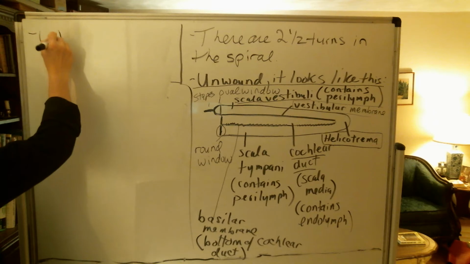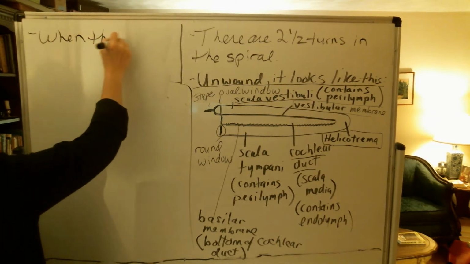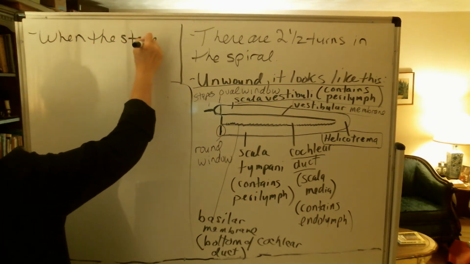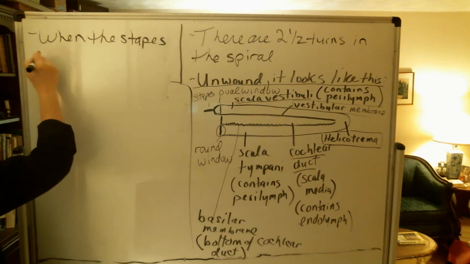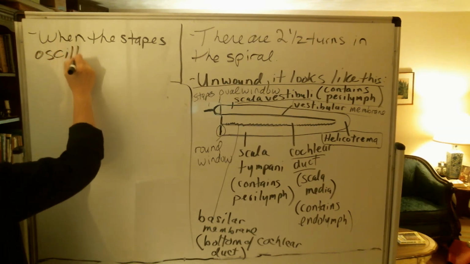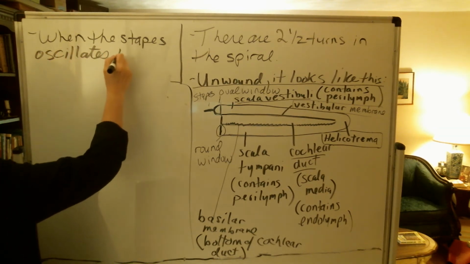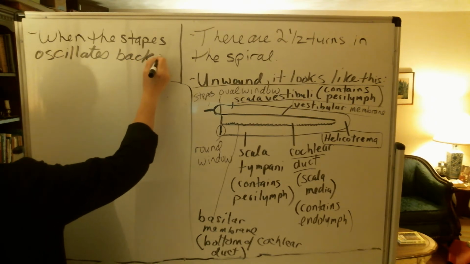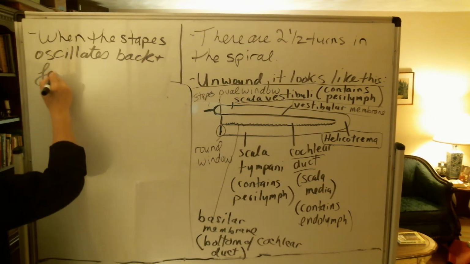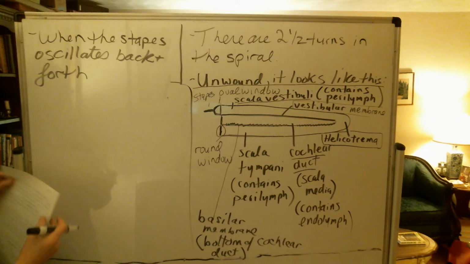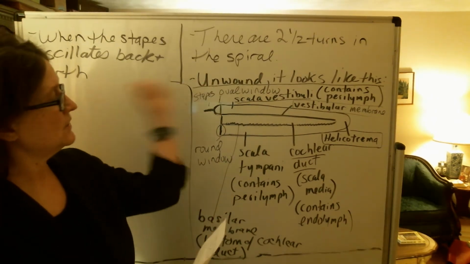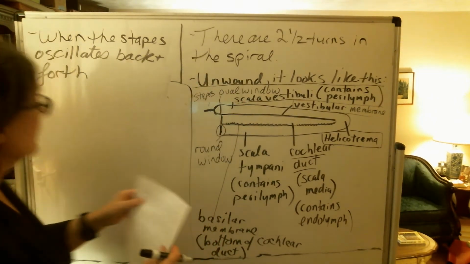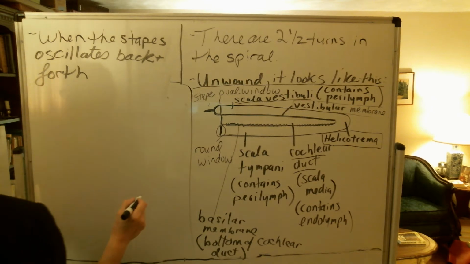So when the stapes oscillates back and forth, you remember the stapes. This is the toilet plunger here that is pushing against the oval window.